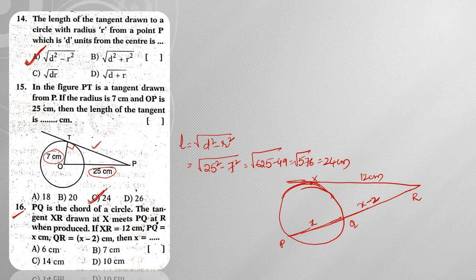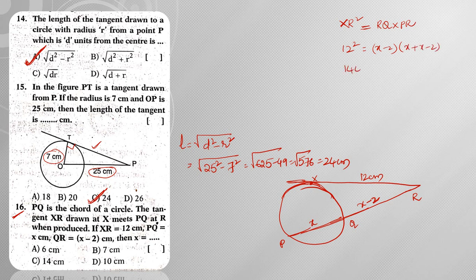XR square, that is the length of the tangent square, is equal to the product of the segments of the secant, that is RQ into RP. Now substituting the values, 12 square is equal to RQ, which is X minus 2, into RP, which is X plus X minus 2, right?